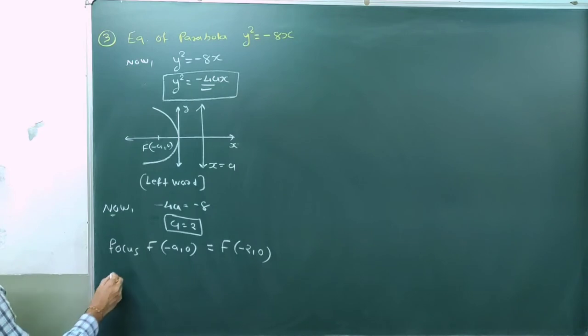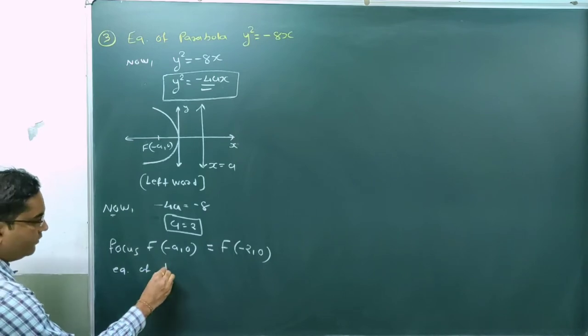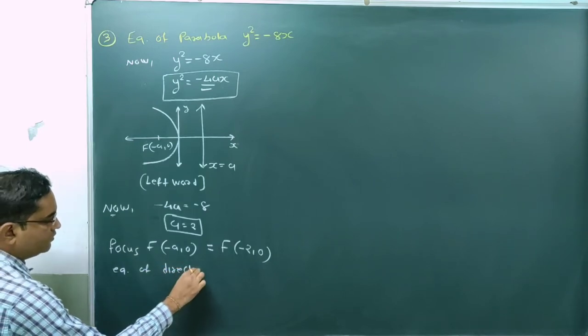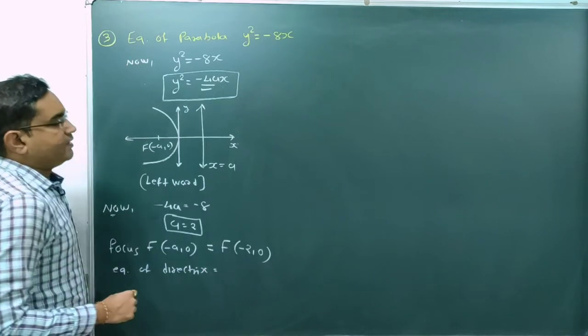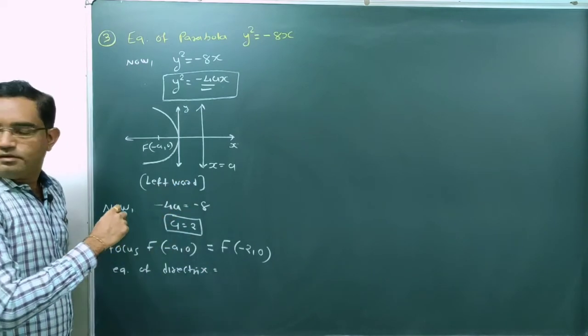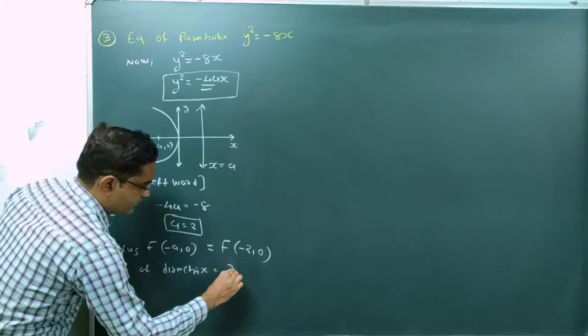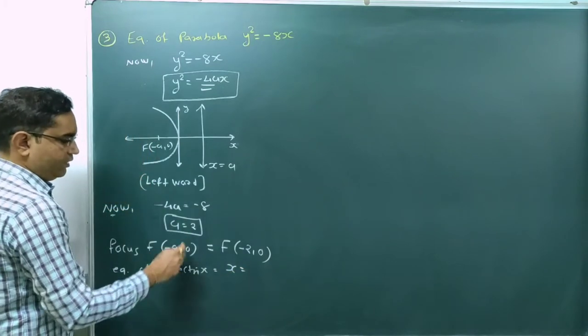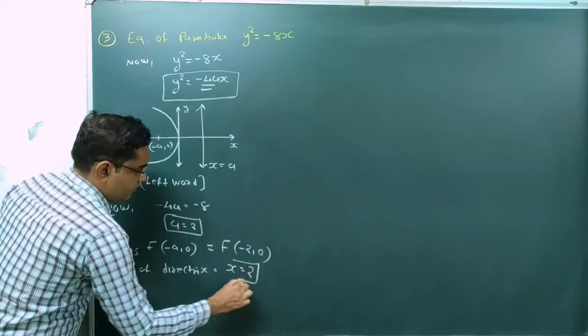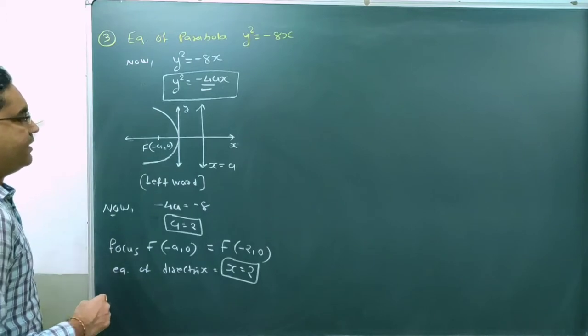Now equation of directrix. What is the equation of directrix? It's x equal to a. So x equal to a is 2. So x equal to 2 is the equation of directrix.